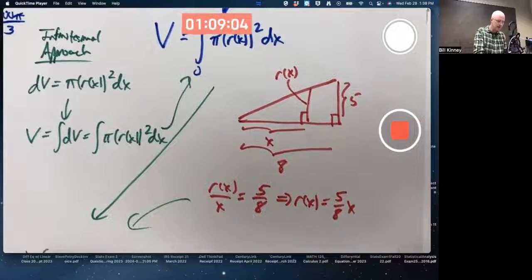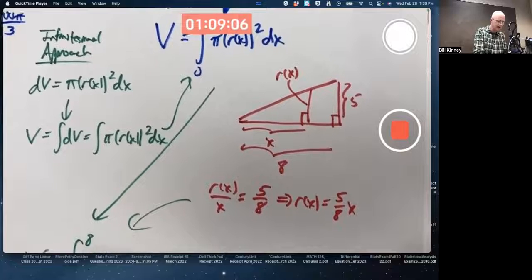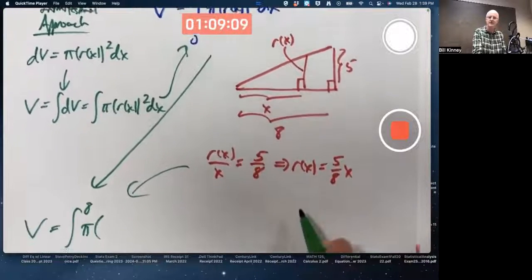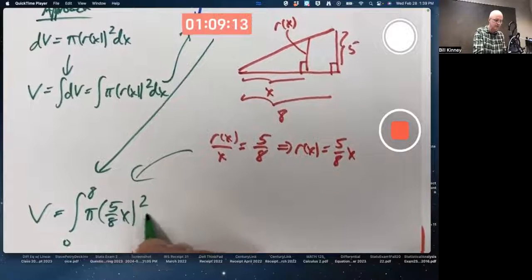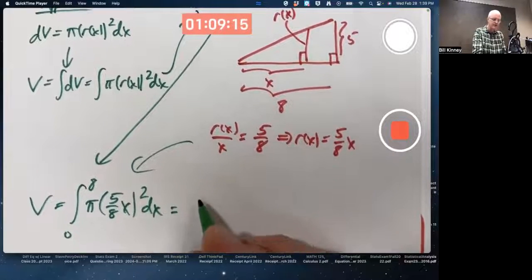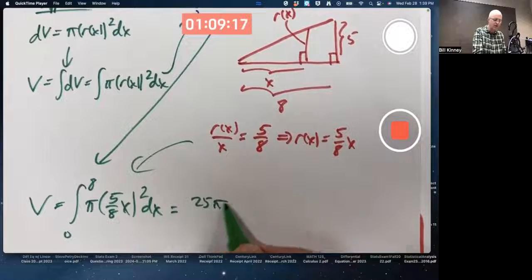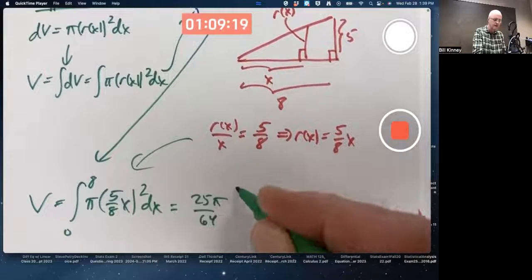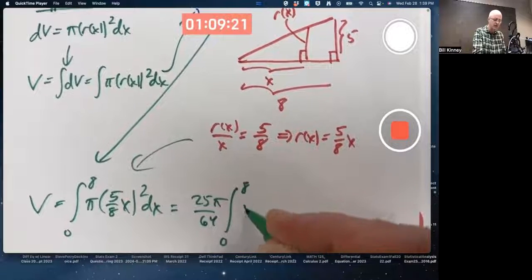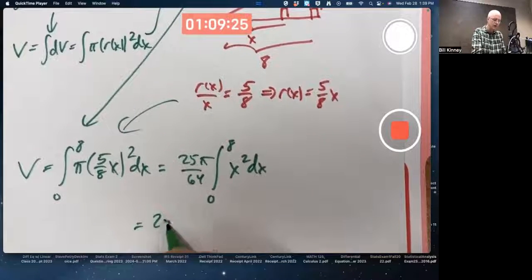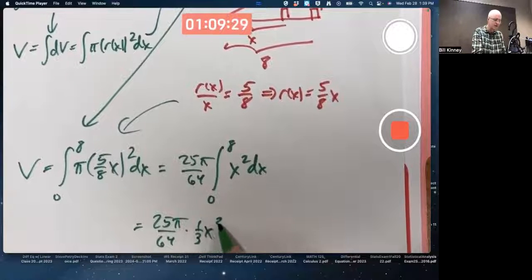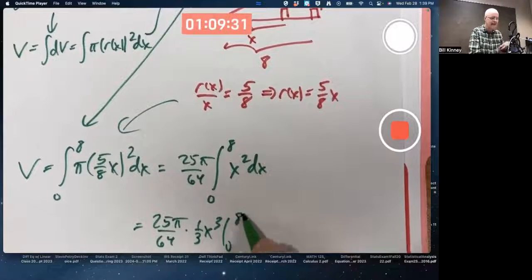The volume is going to be the integral from 0 to 8. Pi times this function squared is going to be, well, let's write it as (5/8 x) squared first. So I'm going to get 25 pi over 64 times the integral from 0 to 8 of x squared. An easy integral to do. 25 pi over 64 times 1/3 x cubed from 0 to 8.